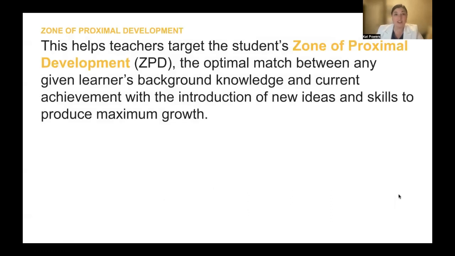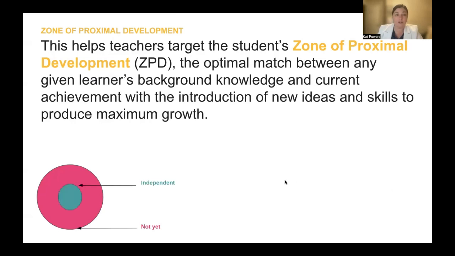Now, as an instructional leader, I want to use this data to make really sound instructional decisions. Because the RIT score is agnostic of grade levels, this allows me to target the zone of proximal development all the way from an individual student level to a school level. The zone of proximal development is the optimal match between a learner's background and the current achievement or introduction of new skills that they need to really make it stick. I like to think there's a zone of not yet, where it's way far out of reach for a student.